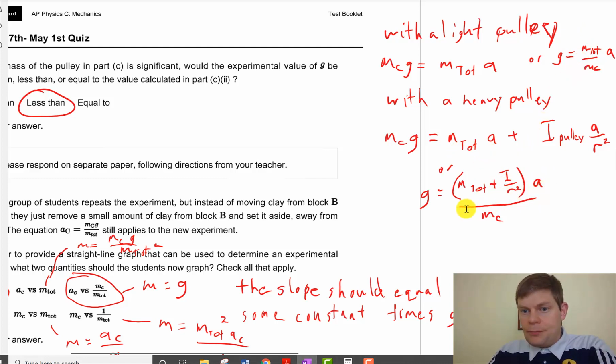So g would actually be equal to a times m total I over r squared. G should be bigger in this case, but if we're using the first formula when we should be using this one, we will calculate a value of g that is less than what it should be. So that's about it.